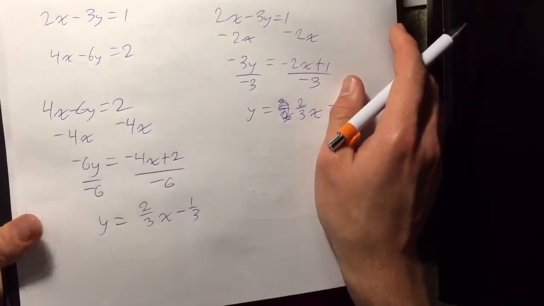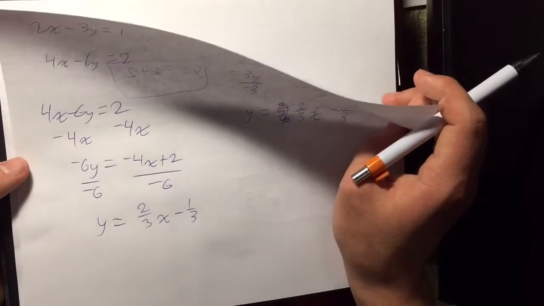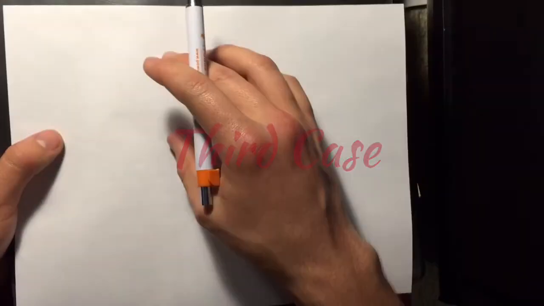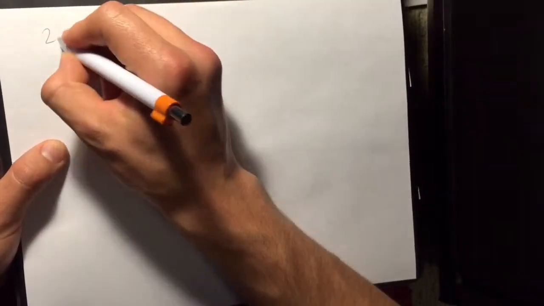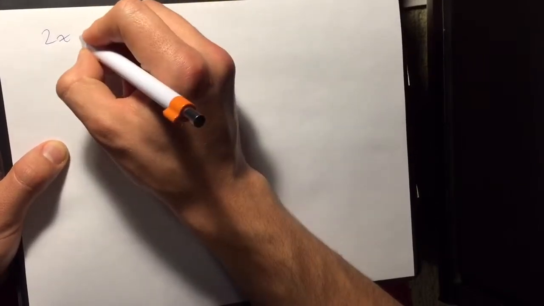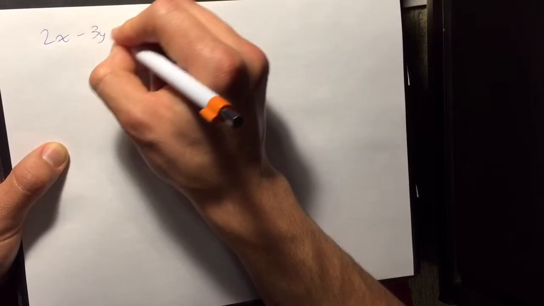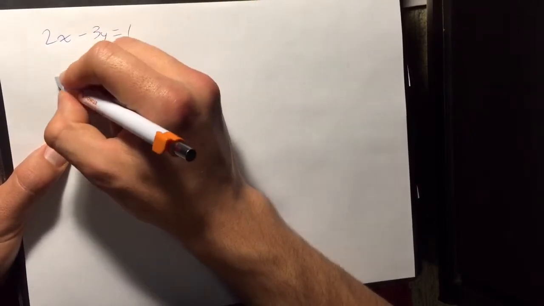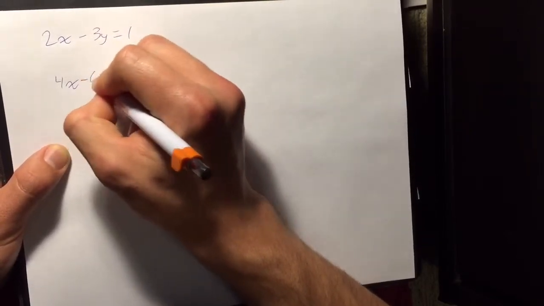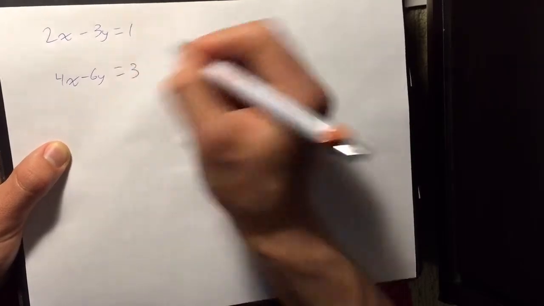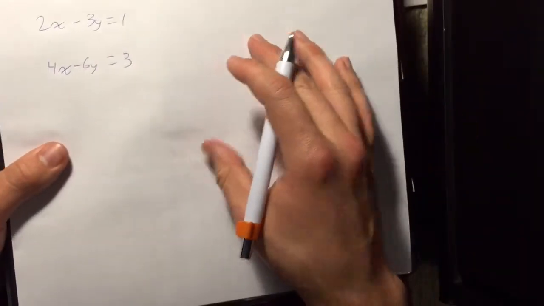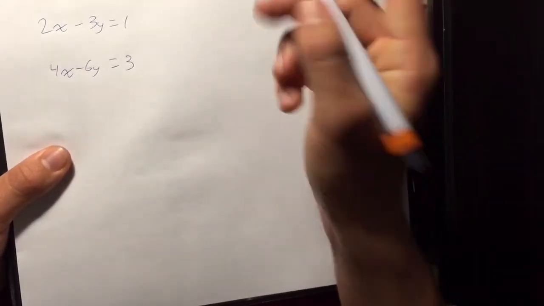And for the final example, we are going to do the inconsistent example. Say we have 2x minus 3y equals 1. And let's say we have 4x minus 6y equals 3. So let's convert it to slope-intercept form.